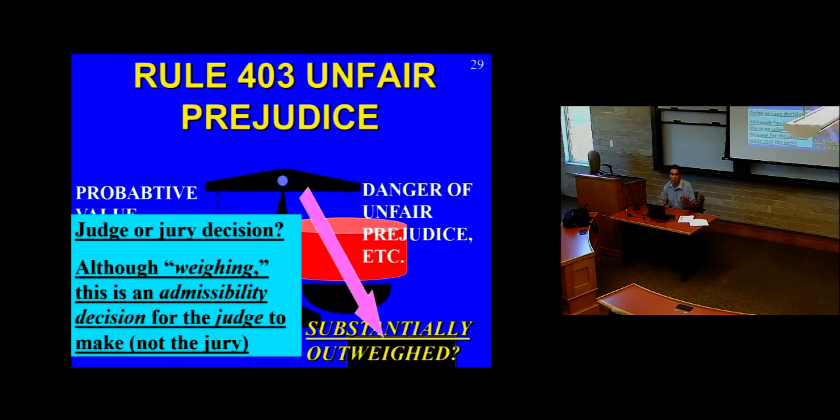It's just part of an admissibility decision under 403, where it allows the judge to weigh the probative value against the weight of the danger of unfair prejudice or the other 403 dangers. And if in her subjective view it's substantially outweighed, then the judge can make a determination to hold it inadmissible.